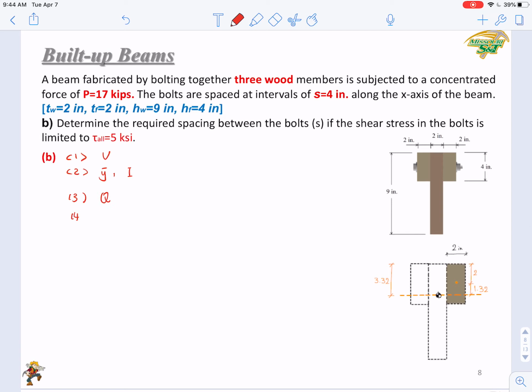And step 4, we determine the shear flow, right? That has been calculated as 0.458 kips per inch. And in step 5, we derived the equation, V pin equals QS.